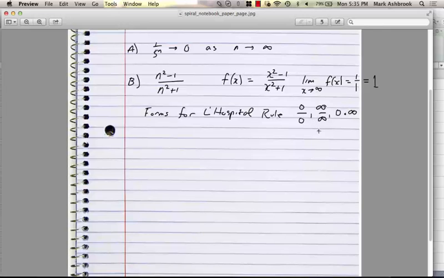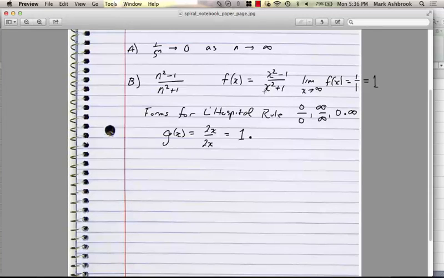And that says take the derivative of the top and the derivative of the bottom, and the limit of that ratio will be the same as the limit of your original one. Right? So if we took this new function, say, called it g of x, it's a different function, and it's going to be the derivative of the numerator, which is 2x, divided by the derivative of the denominator, and that equals 1. So the limit as x gets very large of g is the same as the limit as x gets very large of f.